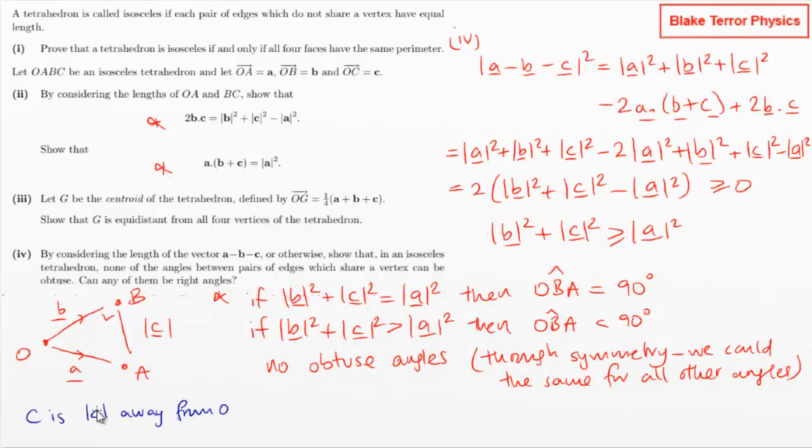It's, oh, it's hard to imagine where everything is now. So it's C away from O, but then, because say C was up here, going up there, that means from A, it is B away. It's B away from A.